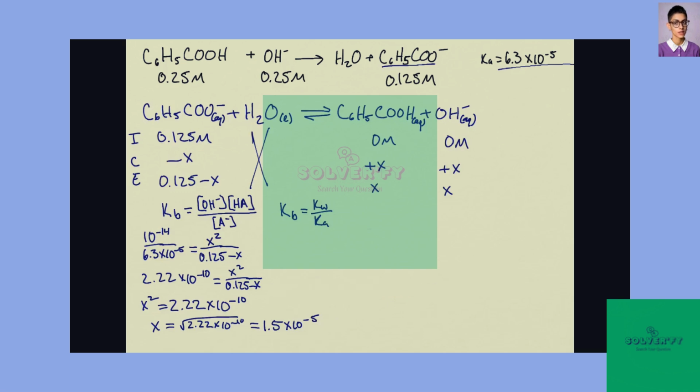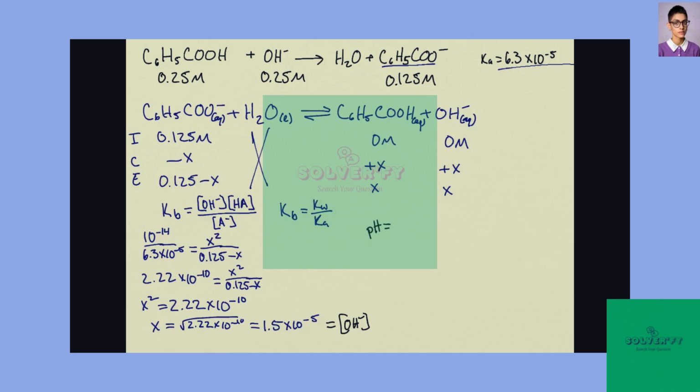And now that we've calculated our value for x, we know the concentration of OH minus, since that is what x is equal to. So our concentration of hydroxide is 1.5 times 10 to the negative fifth molar, and we can use this concentration to solve for our pH.